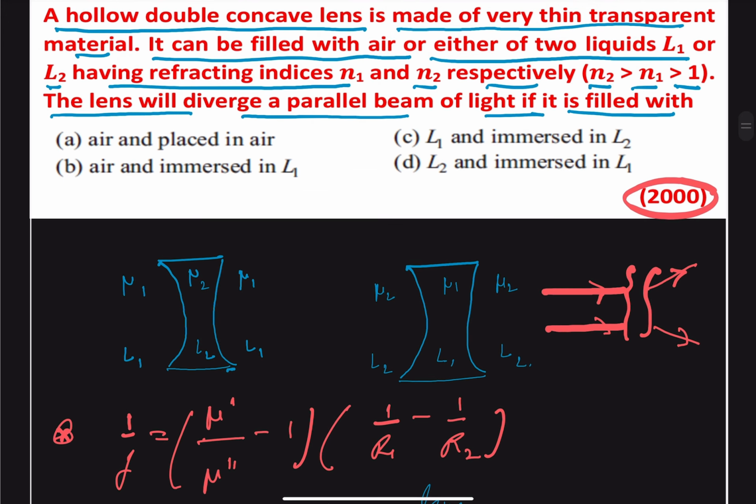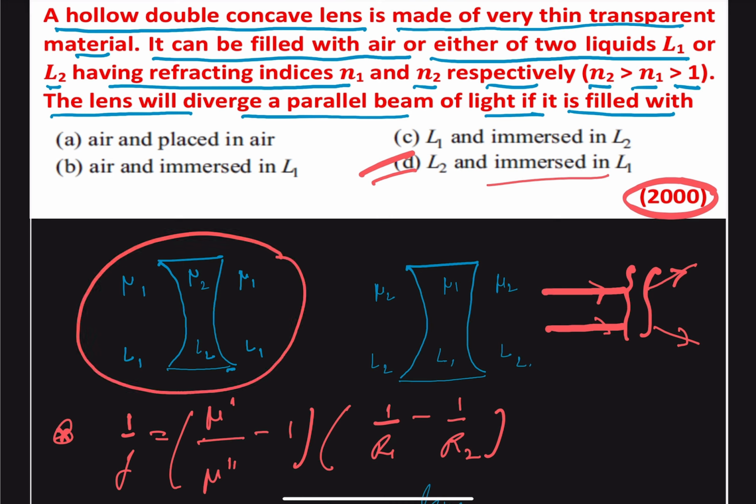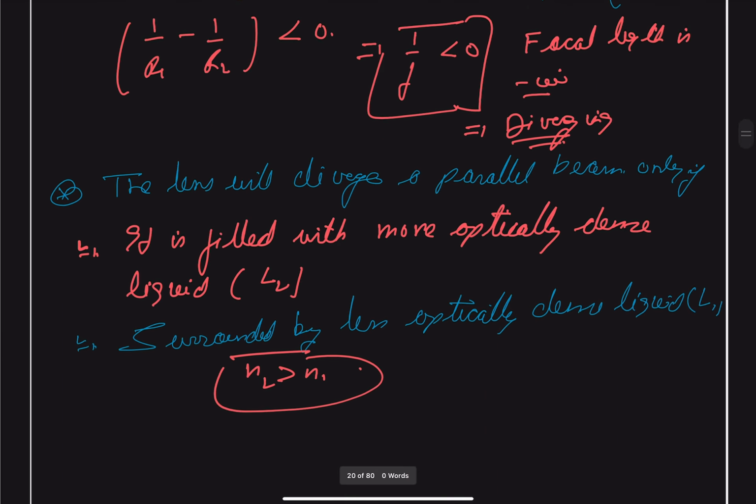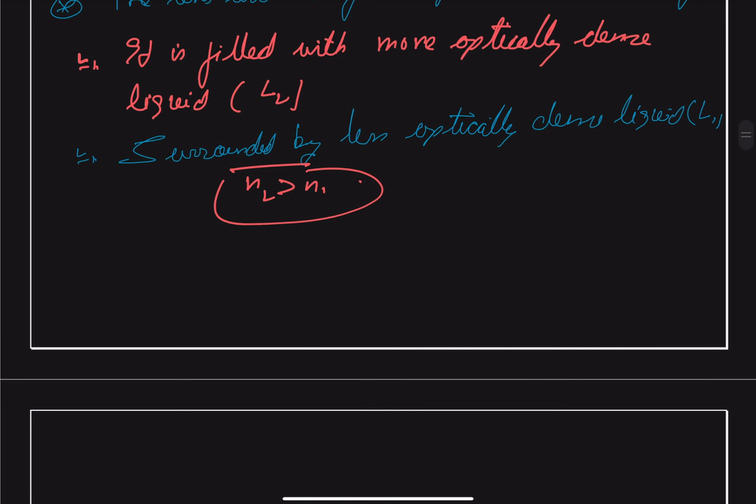And so it will be filled by L2 and immersed in L1, means surrounded by L1. So this will be our correct option, correct figure rather. Yes, option D is correct.